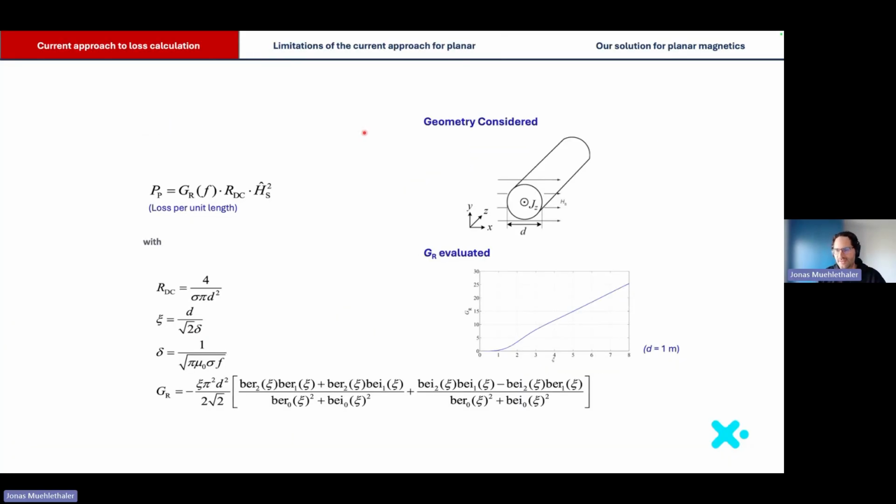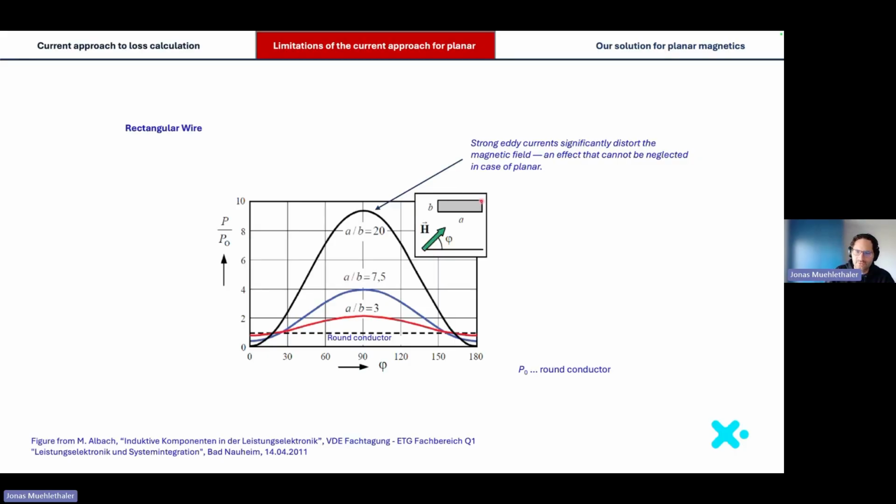But in planars, as I said before, we don't have a round conductor as here. What we have is a conductor that looks more like this. First of all, it's rectangular, but also the ratio H to B is very big, because you usually have a very thin height and a very big width. The width A is very big.